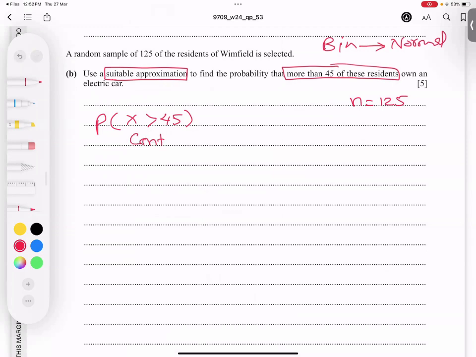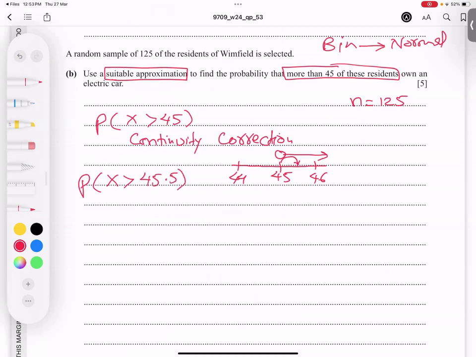How do we do it? One number stays the same, 45, one number bigger, and one number smaller. On the number line, more than 45 means from here I go rightwards. When we apply continuity correction, we have to move 0.5 forward, so 45.5. Always 0.5, make sure.